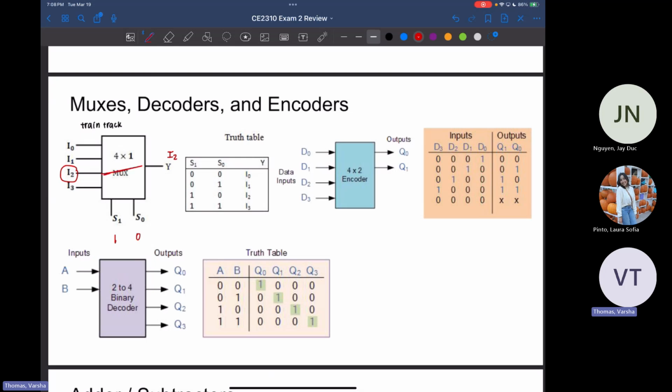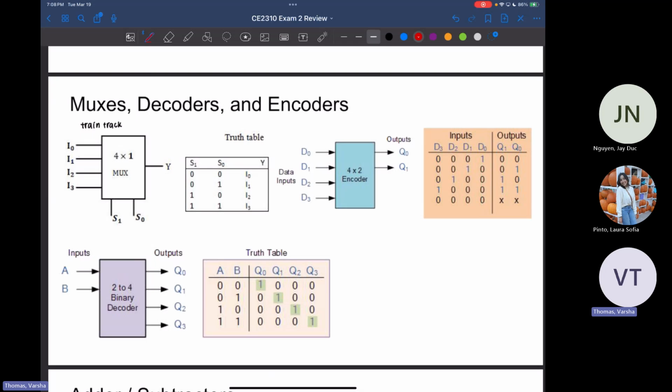So then this line here would go through. So let's say instead that my input was 1, 1. Well, 1, 1 is equal to 3 in decimal. So that means I3 will be the one that passes through, and I3 will be the data that comes out.